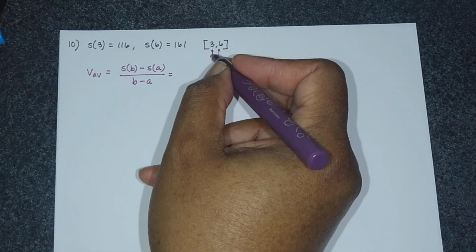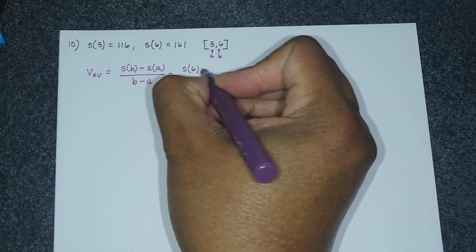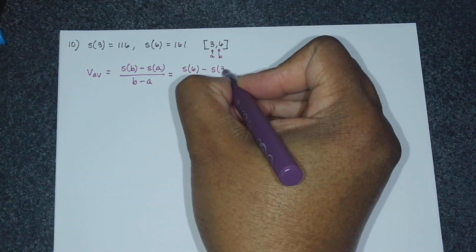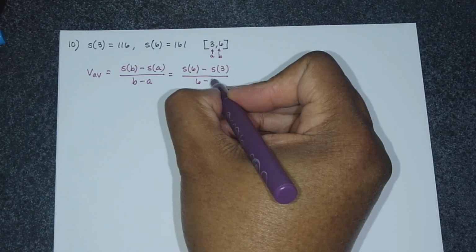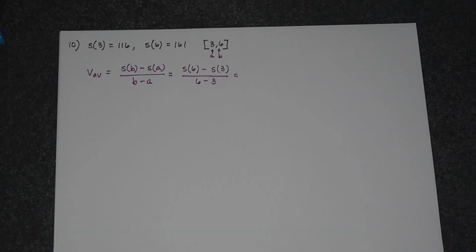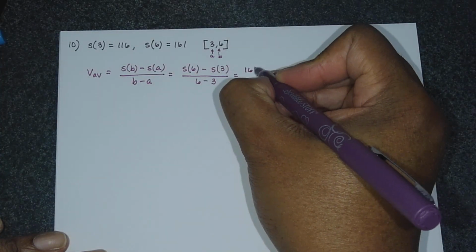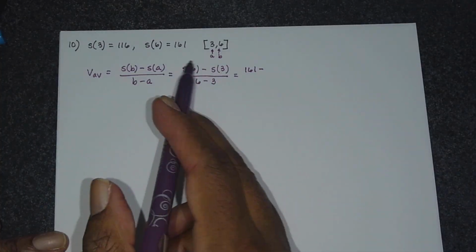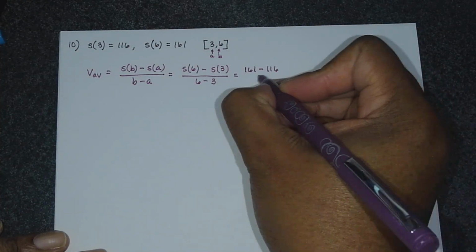Of course, a is 3 and b is 6, so that means s of b is s of 6, minus s of a, which is s of 3, divided by b, which is 6, minus a, which is 3. Now, we're told s of b is 161, minus s of 3, which is 116.